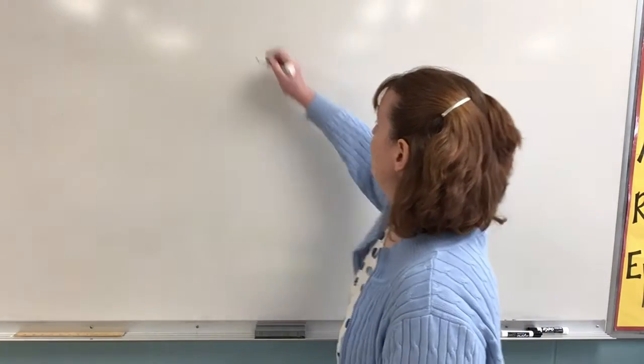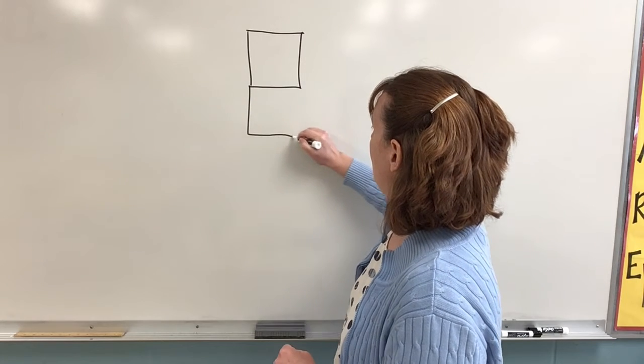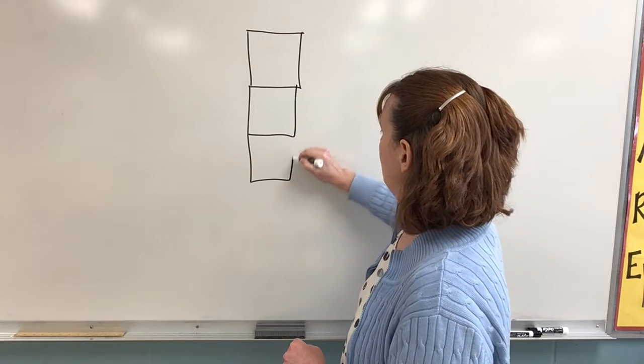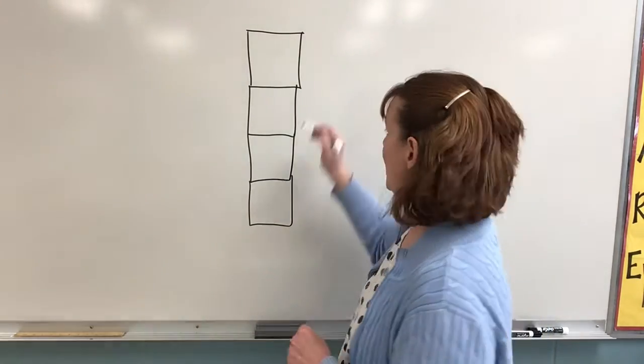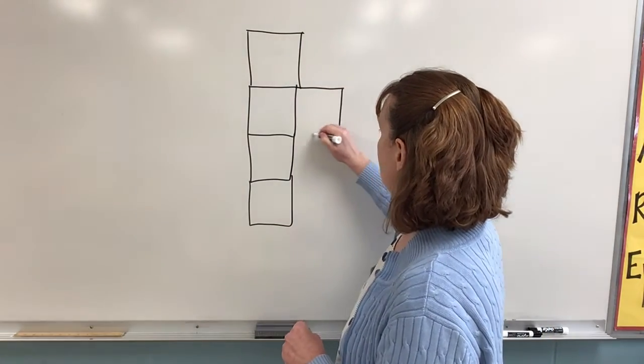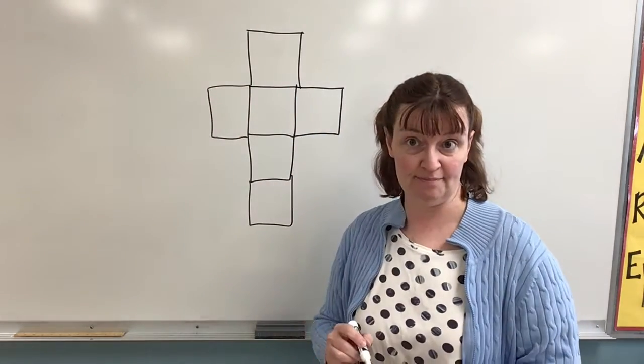Our friends have talked about putting 4 squares together in a row like that, and then adding one on the right side and one on the left side, okay?